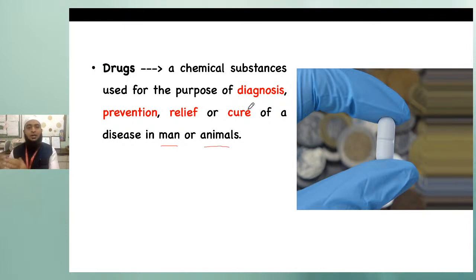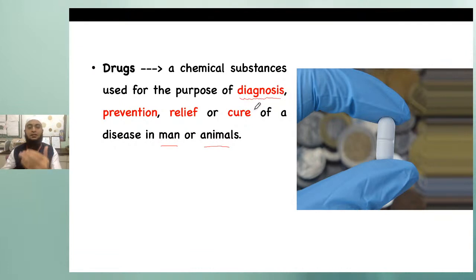After this biochemical test along with physical examination, you come to the conclusion that the patient is suffering from jaundice, so you need to give a drug for the treatment of jaundice. This entire process of physical examination and biochemical testing to identify the disease is called diagnosis. So you are diagnosing the disease.